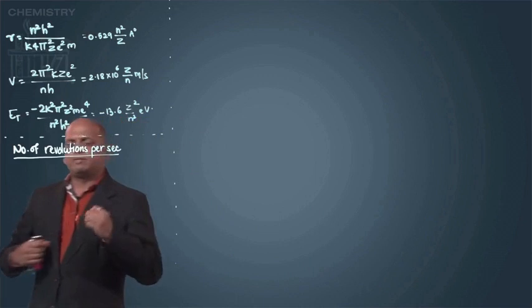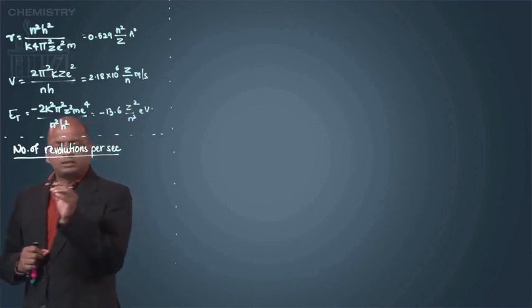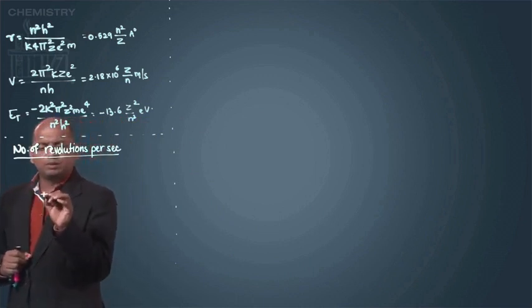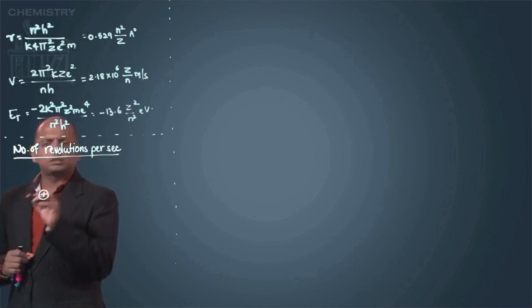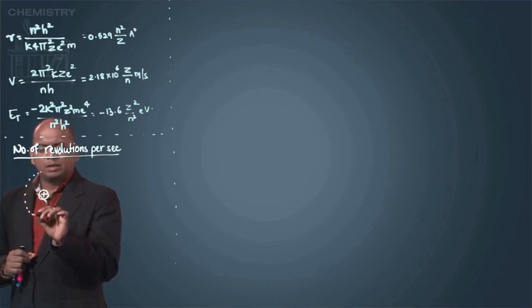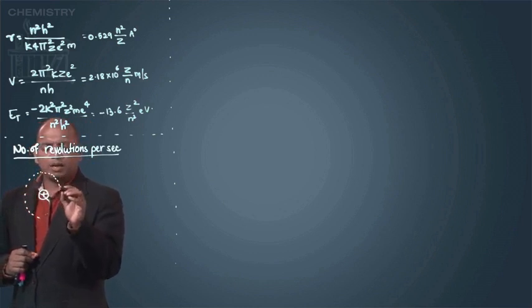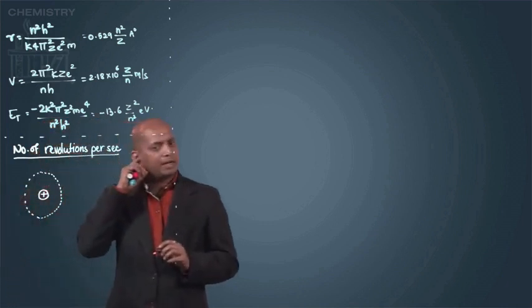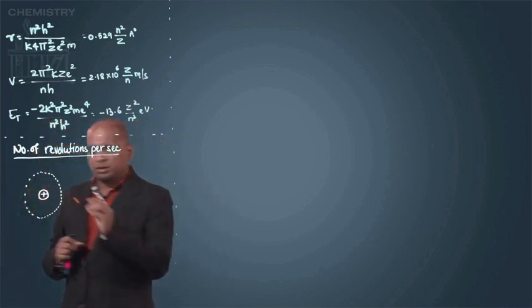It's very simple actually. Number of revolutions per second means, if we consider, suppose, very simple, this is a nucleus and let us consider this is a shell. So, how will you calculate that number of revolutions?